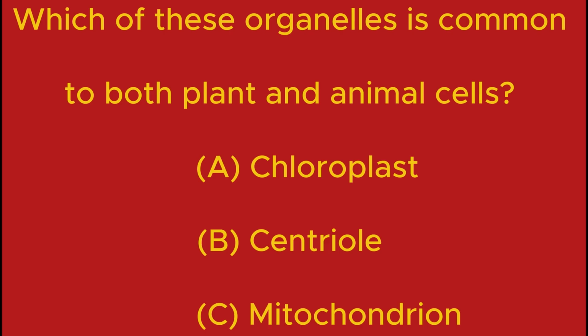B, centrioles are two small granules near the nucleus of animal cells, from which the flagella or cilia arise. You know that they also help in cell division, and they also serve as a basal body.